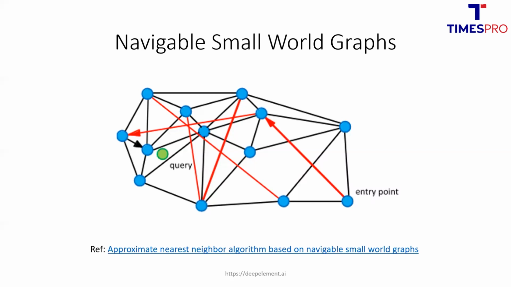The second thing is, if the number of data points increases, if it goes in millions, then the size of this graph increases, and the time it takes to travel from the entry point to the destination point can also increase. Also, because of the complexity of the graph, we may not end up at the right spot. So there are that kind of challenges with latency as well as with recall.